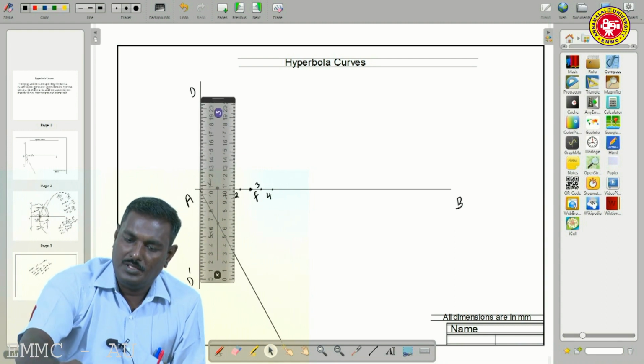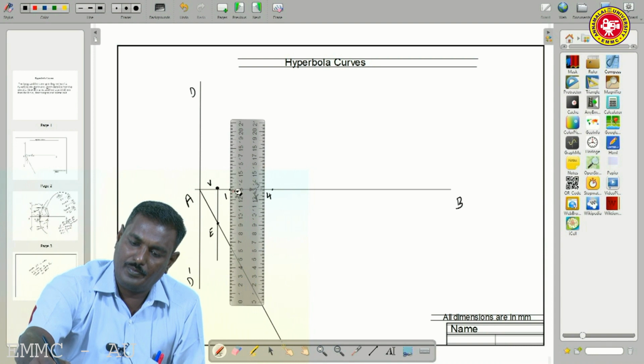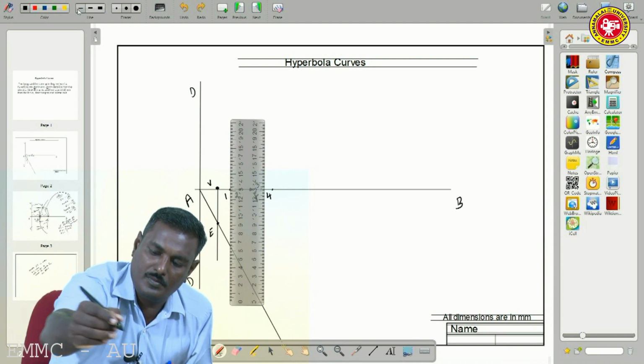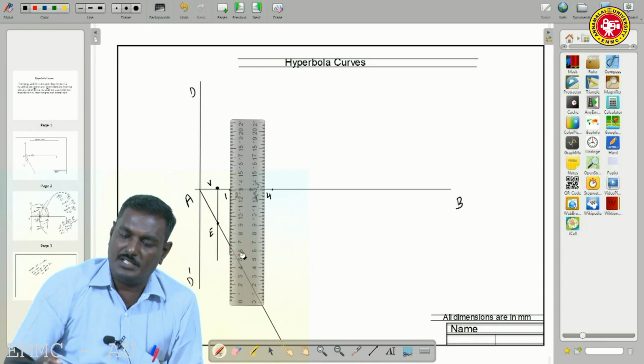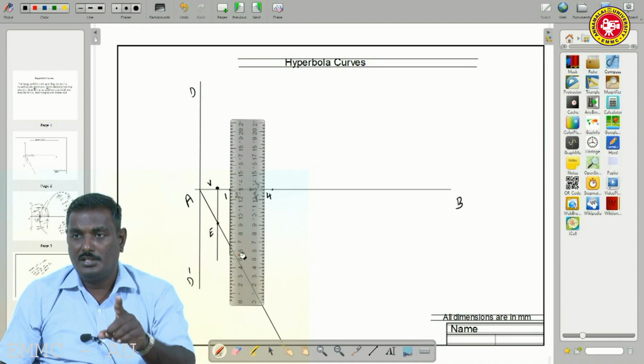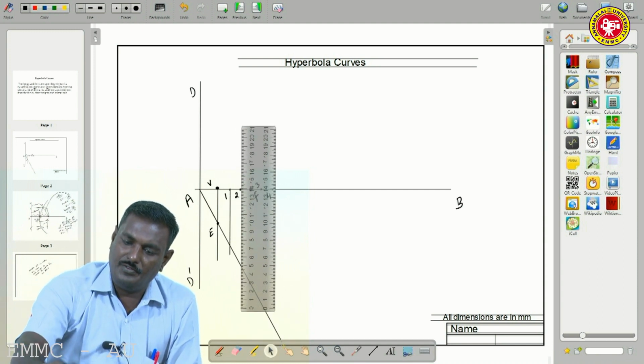So now draw a vertical line to intersect the AE extended line.